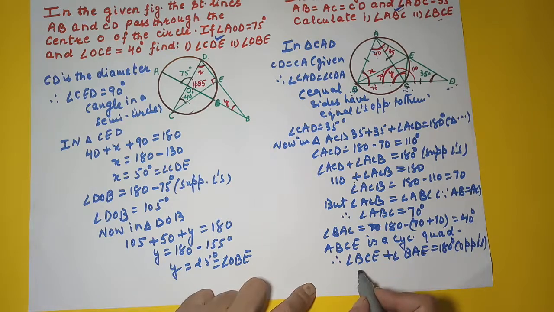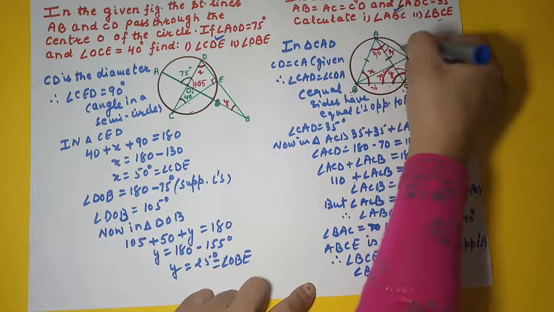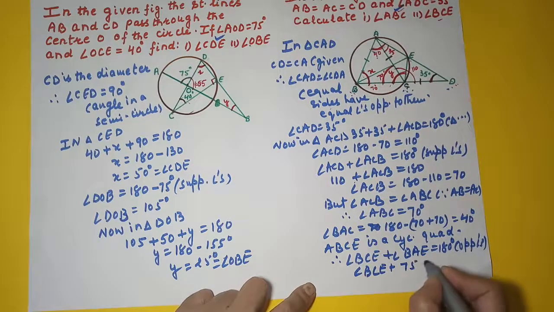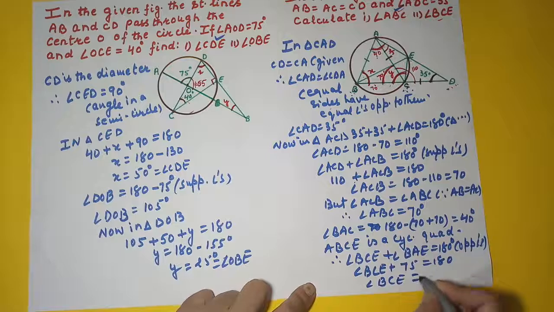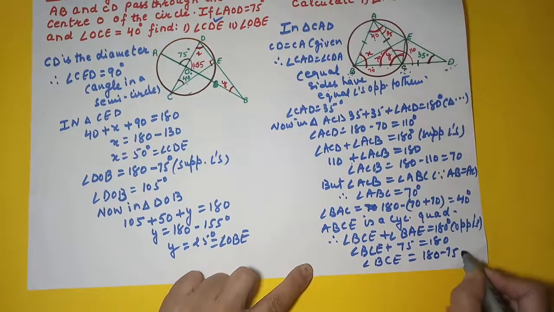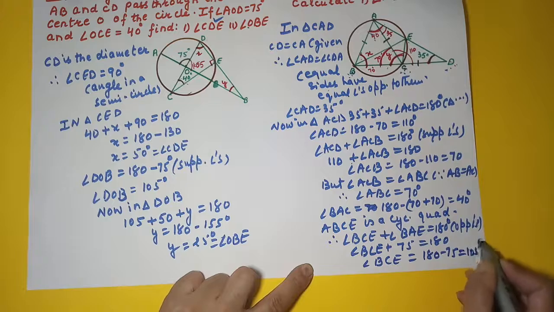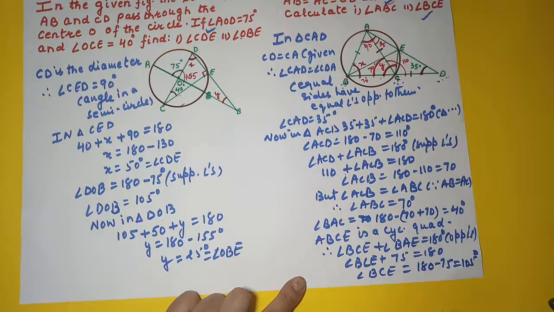So BCE you have to calculate, BAE you have calculated 75, is equal to 180. So your angle BCE is equal to 180 minus 75, which is equal to 105. So you have calculated your BCE as 105.